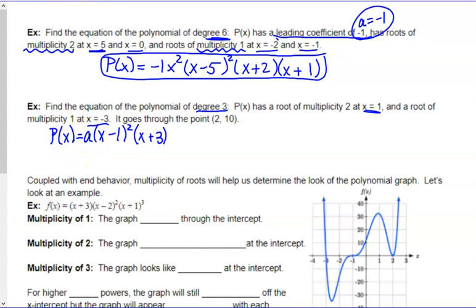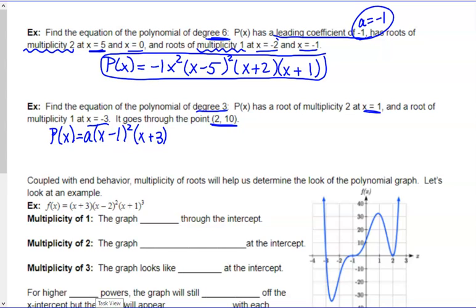So our polynomial p of x, or our function p of x, has to be of the form where I have some number out front, could be 1, could be negative 1, could be a half, could be 2, all kinds of things. But then I have my factors here to kick out my roots with each of the multiplicities. Now, the extra piece they gave me on this problem is this point (2, 10).